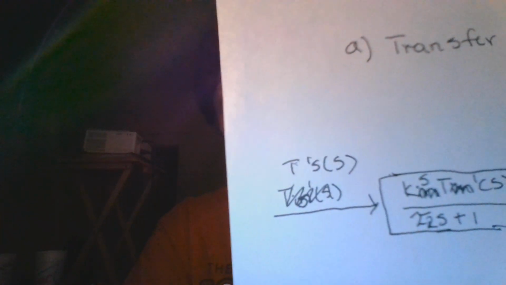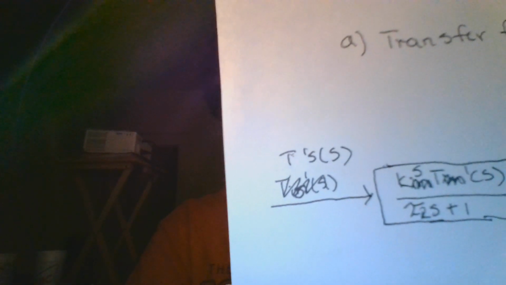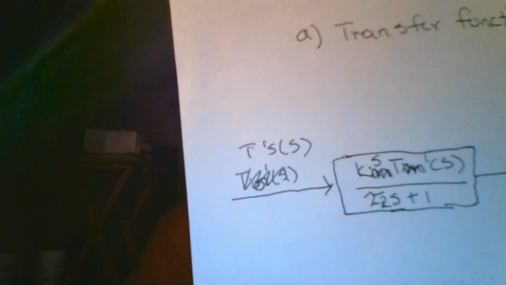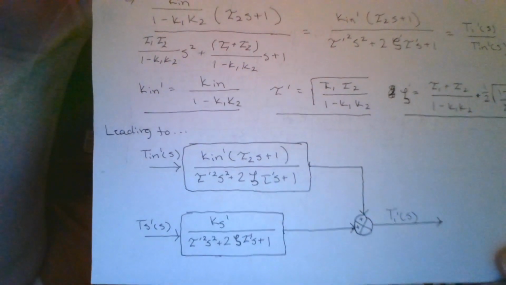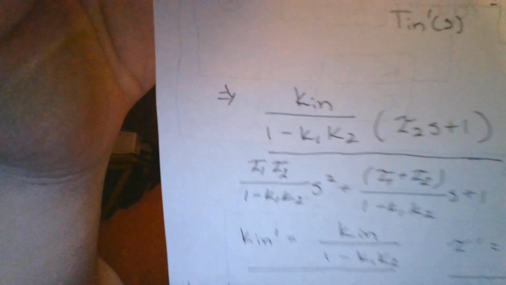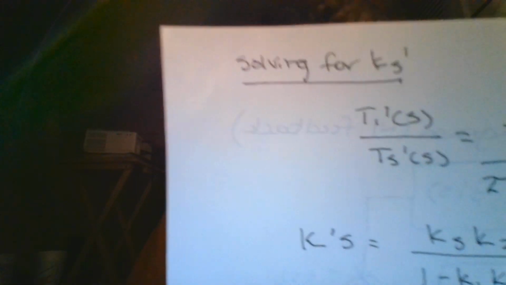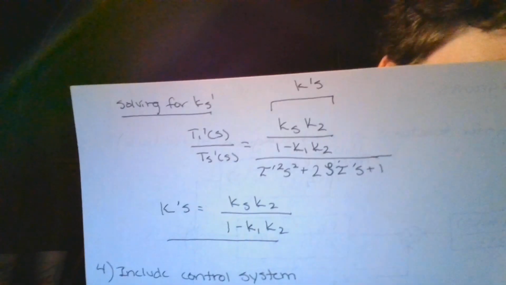This was then represented in its final form to show a relationship between the inlet and outlet temperatures in order to condense this down into a more definitive block diagram, which can be seen right there. And using this, we then solved for more gain values as a relationship between the set point temperature and the temperature on the outlet.